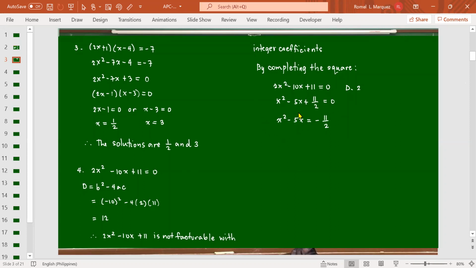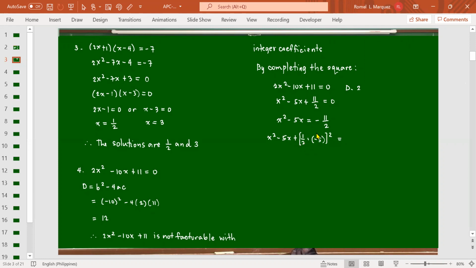Then make this left side a perfect square trinomial by adding 1/2 the coefficient of x. So 1/2 times negative 5, then square it.